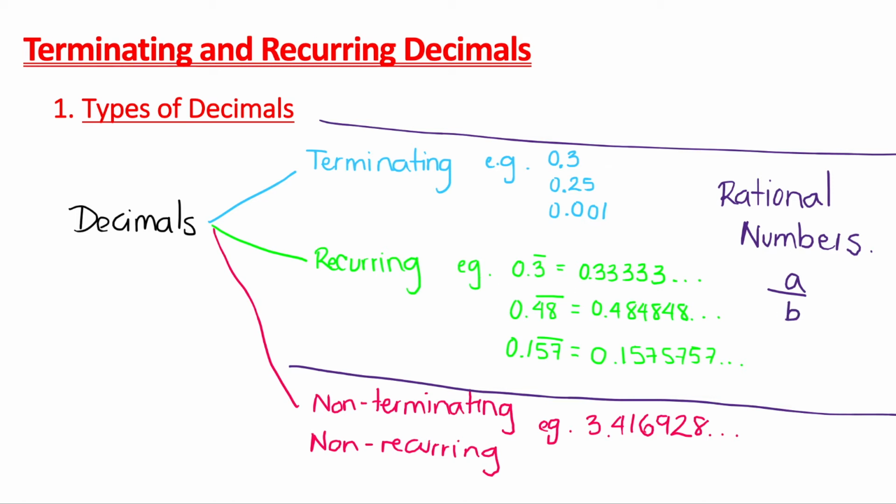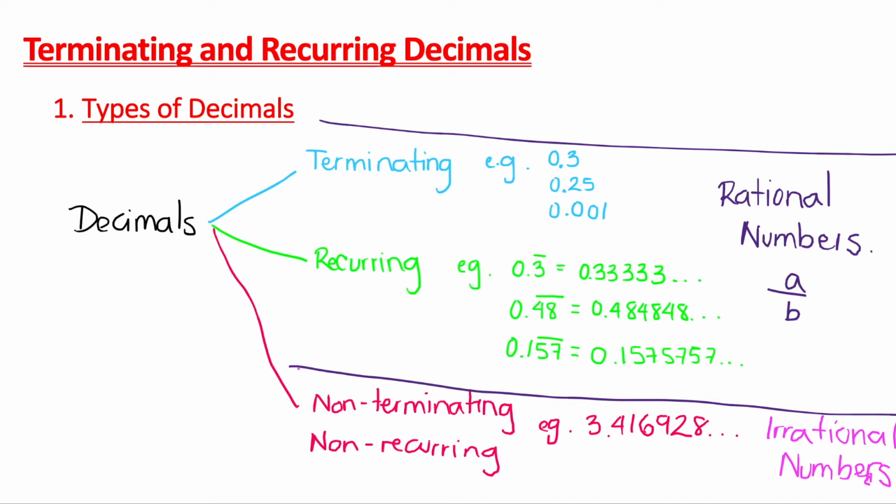This one below here are called irrational numbers, and it's not because they're crazy. Irrational numbers is not because they're crazy, only because they cannot be written as a fraction.